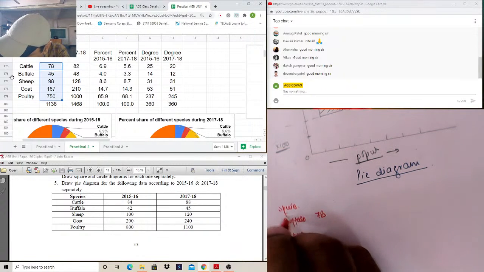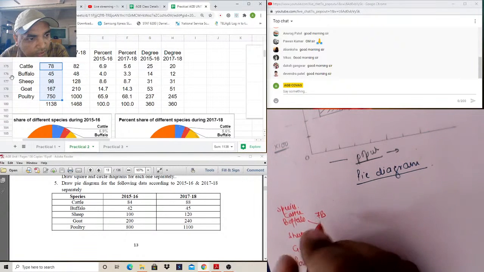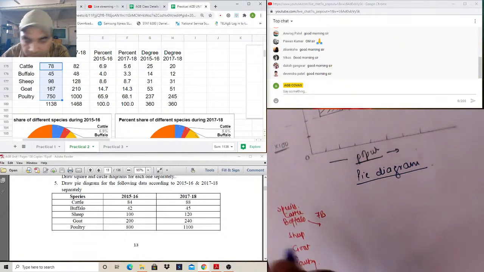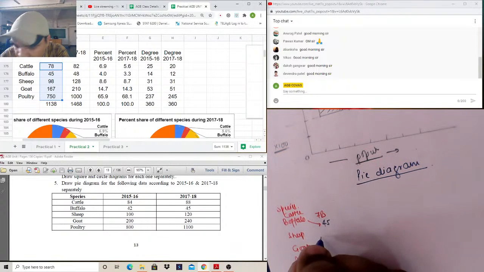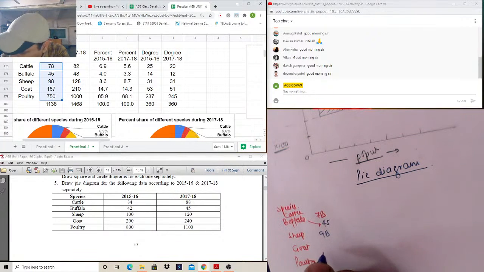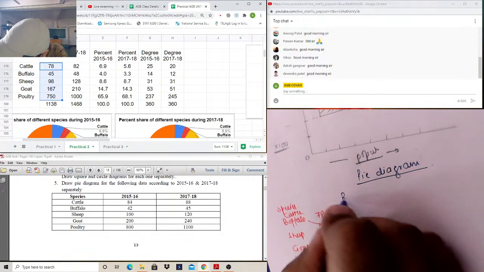Cattle is 78. Then buffalo is 45. Then sheep is 98. Then goat is 167, and poultry is 750. First of all, you have to find out the percent.